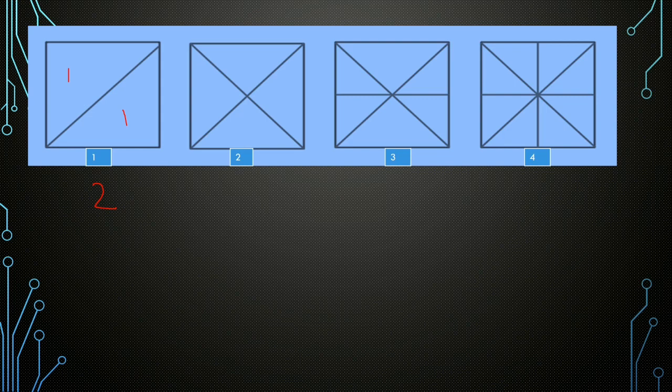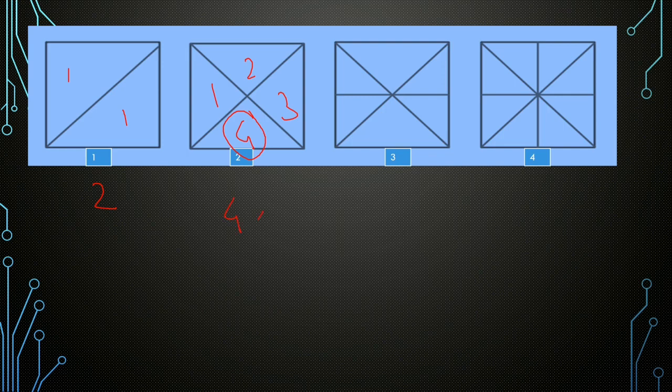In these types of figures, just mark the digits like that. 1, 2, 3, 4. You may mark clockwise or anti-clockwise, no problem. When you have marked all these digits, the last digit is what you consider. The last digit is 4.